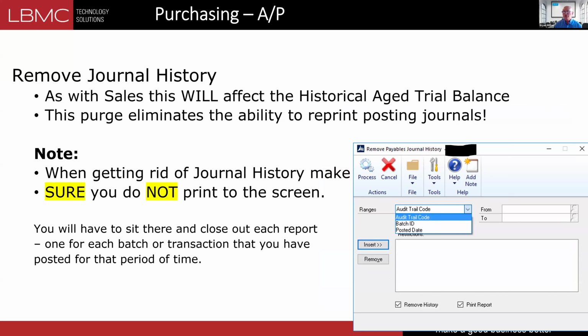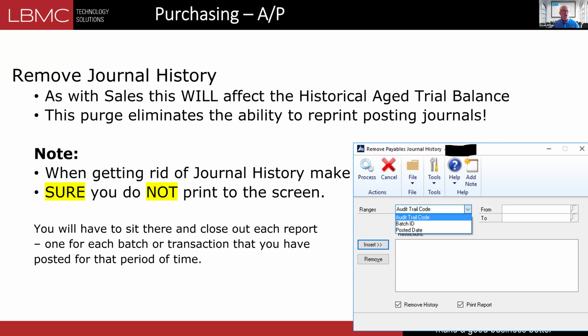When we get over to removing journal history, same thing as selling. On the purchasing side, this does affect the historical aged trial balance. So if you take out vouchers, invoices, payments from vendors coming into you, and that data is gone, and then you decide you need to run a historical aged, that data won't be there.